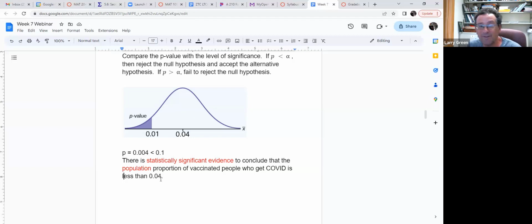But here we didn't fail. We actually rejected the null hypothesis. We got evidence. Type 2 error is impossible at this point. But a type 1 error is still possible. Not likely, but it's still possible because we rejected the null hypothesis. And a type 1 error is when you reject the null hypothesis and the null hypothesis was true. The alternative hypothesis was false.